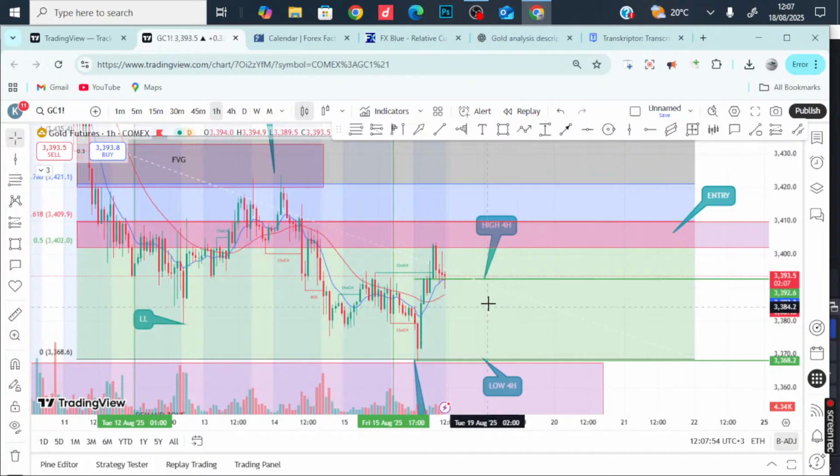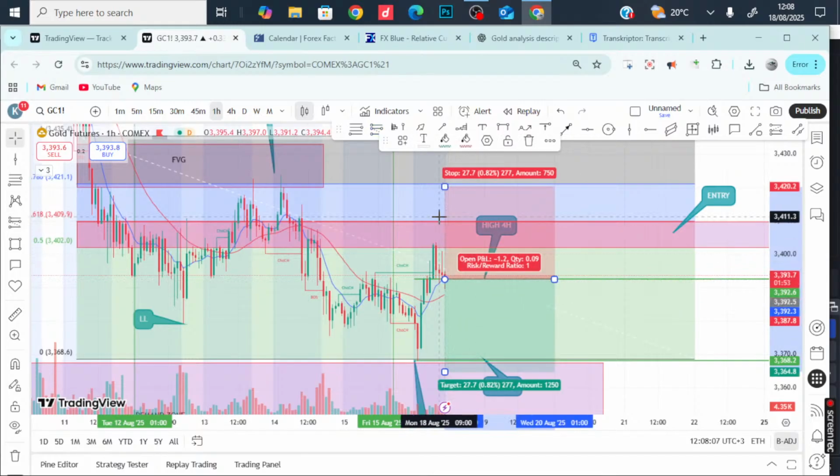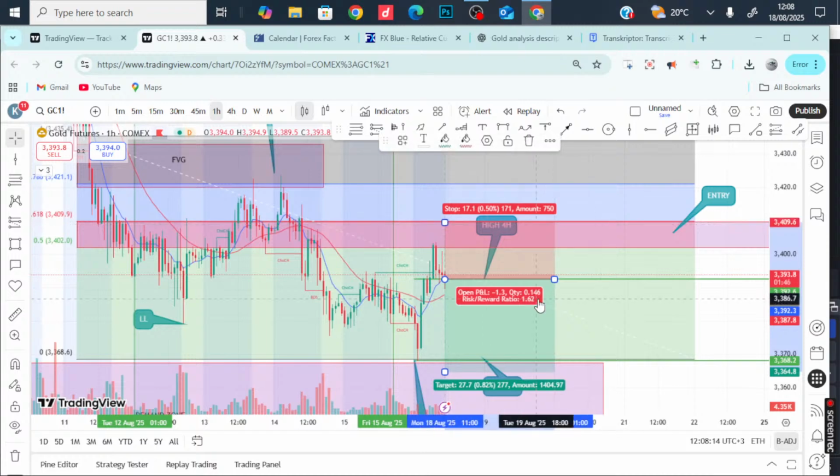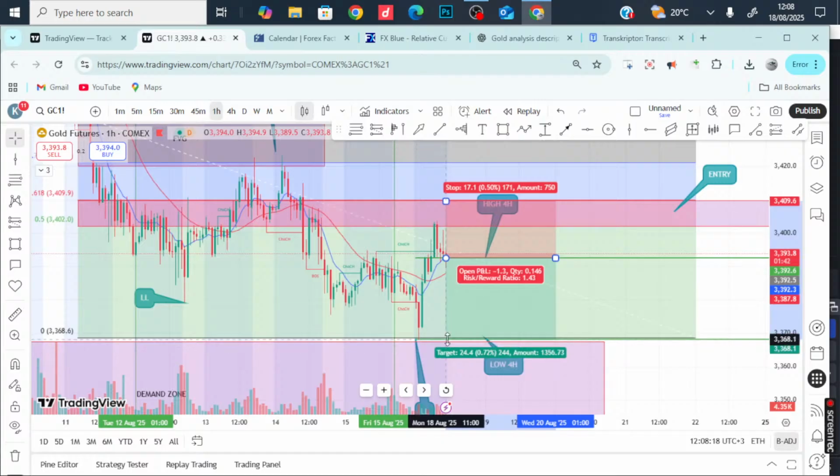So for me, if I will be me, I will push now my short position from here, my stop loss will be here, and my take profit will be here.